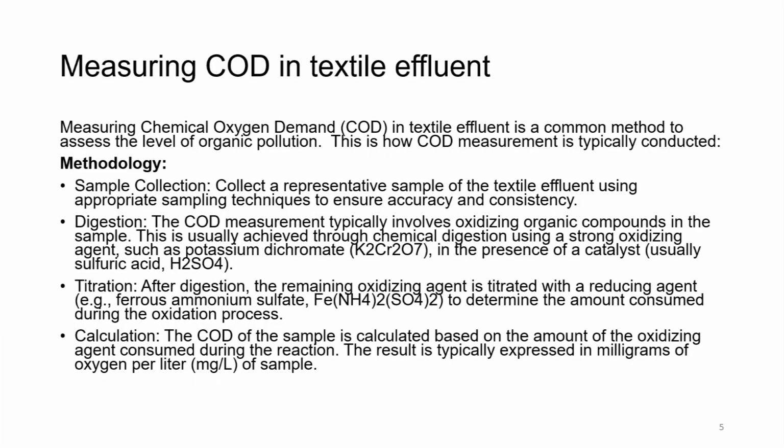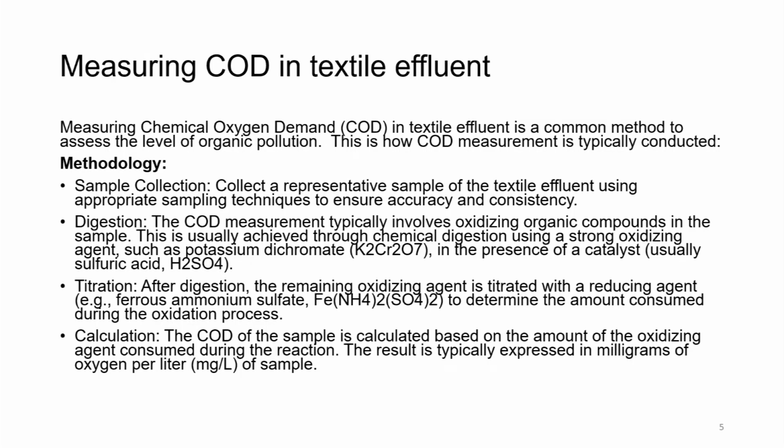Digestion. The COD measurement typically involves oxidizing organic compounds in the sample. This is usually achieved through chemical digestion using a very strong oxidizing agent such as potassium dichromate in the presence of a catalyst, sulfuric acid. Titration.